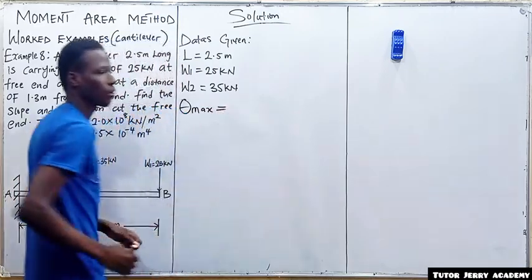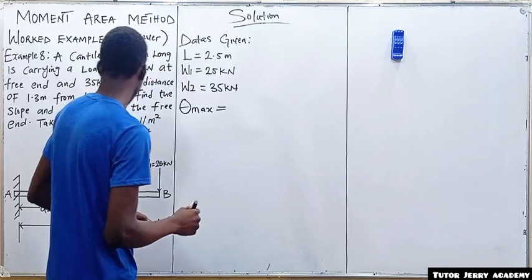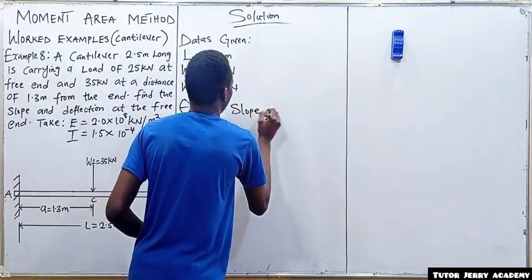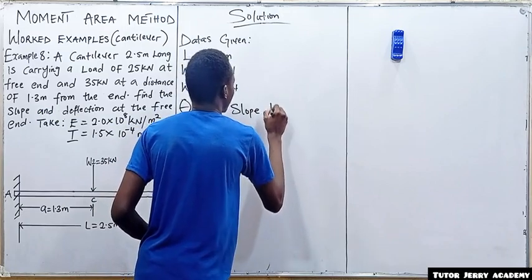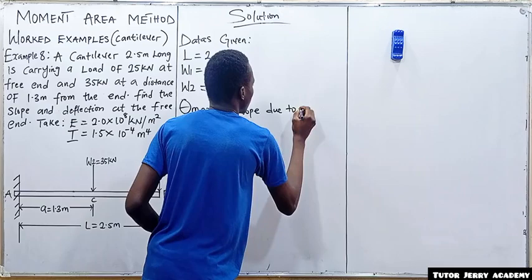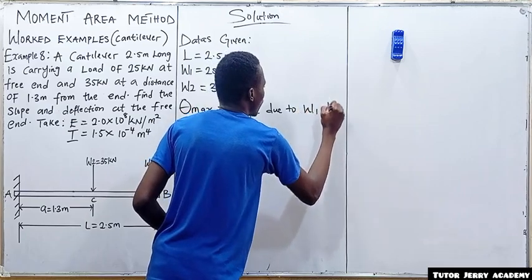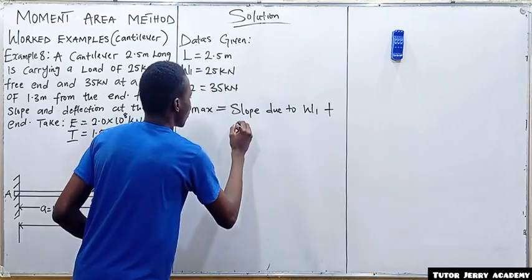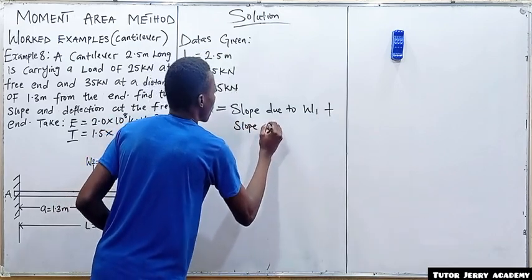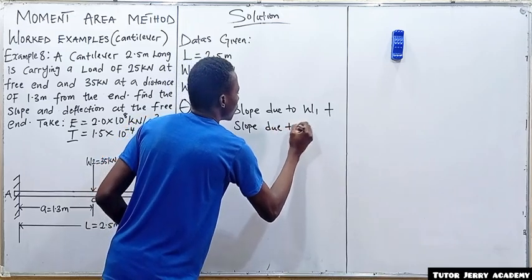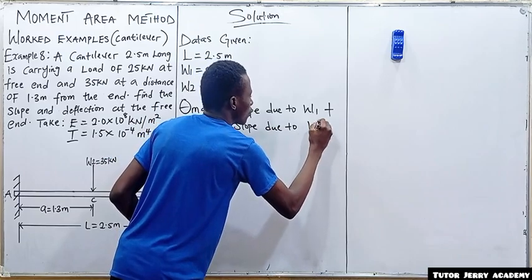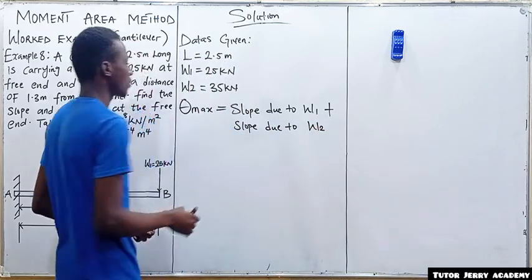This will be equal to the slope due to W1 plus the slope due to W2. So this is what we have.